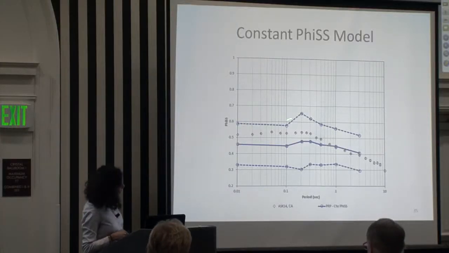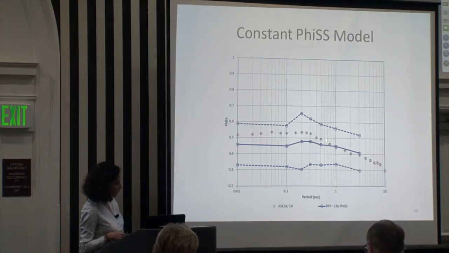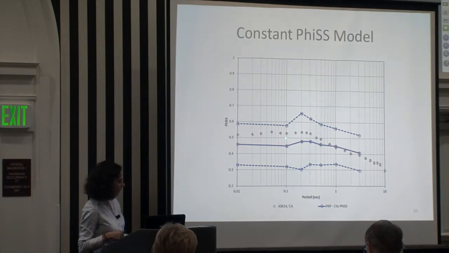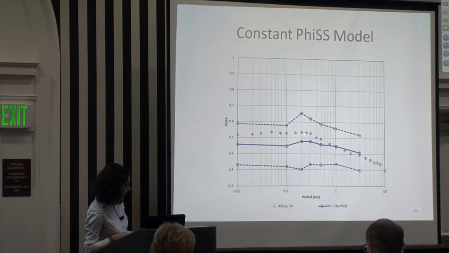This here shows in red the VSS versus period for California, and this is from the Abrahamson et al. data, but it's the same for all the other models. This line here is the mean VSS for the constant PRP model, and then plus and minus 1 sigma. And right now it appears that our California data is on the higher side compared to the mean of this model.